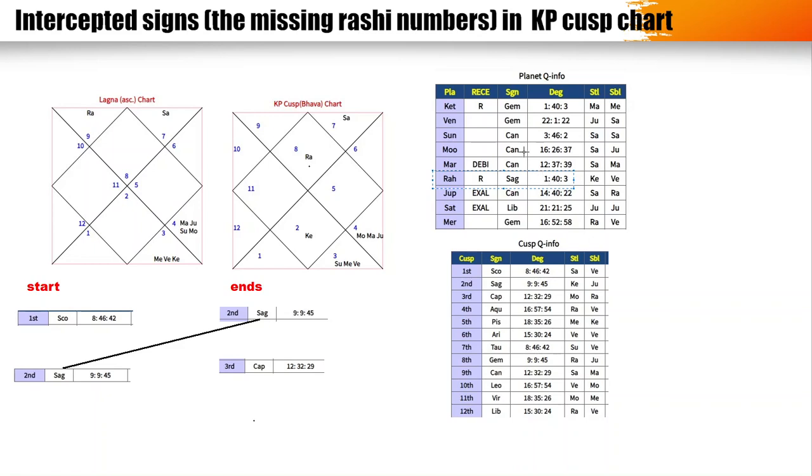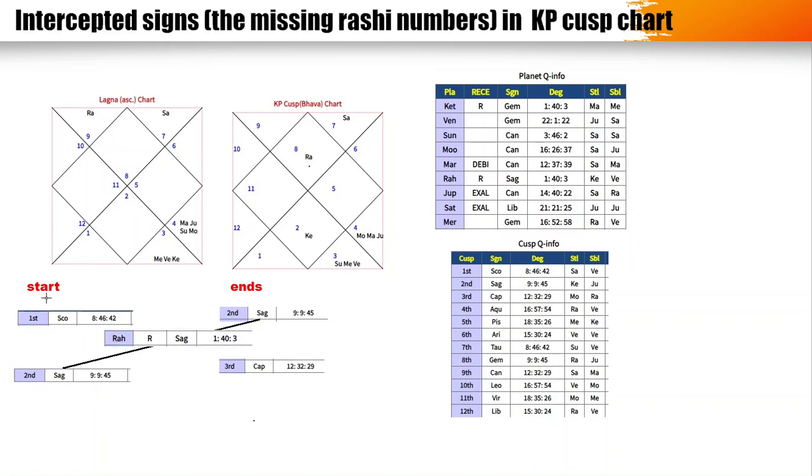Now if you look at where this 1 degree 40 minutes will be in the span of each of these cusps, then you know that this Rahu is going to be in the first house, right?